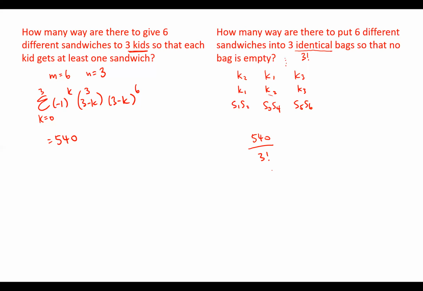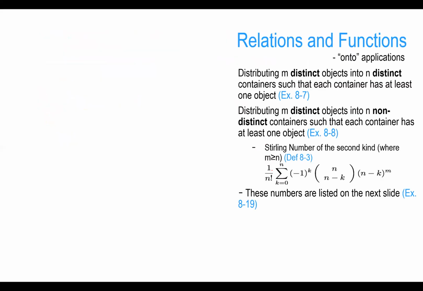All right, so let's see if we can summarize all of that. If I distribute m distinct objects into n distinct containers, like our first example, giving 6 sandwiches to 3 kids, so that each container has at least one object, this is nothing more than an onto function.